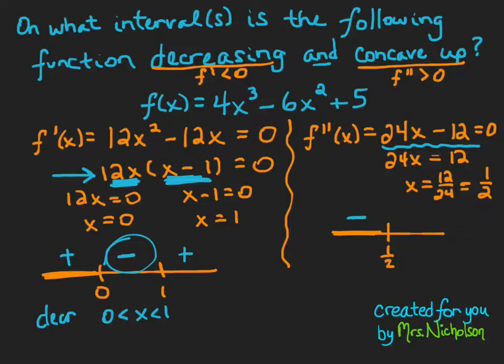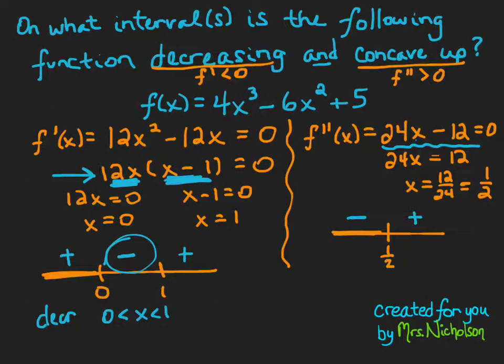So on that interval, the second derivative is negative. Then if I pick a number bigger than 1/2, like 2, and I plug that number in for x, I get 24 times 2 minus 12, which will result in a positive value. And so my function is concave down before 1/2, and then it's concave up after 1/2.